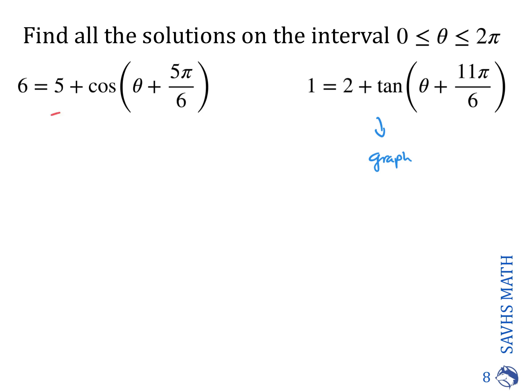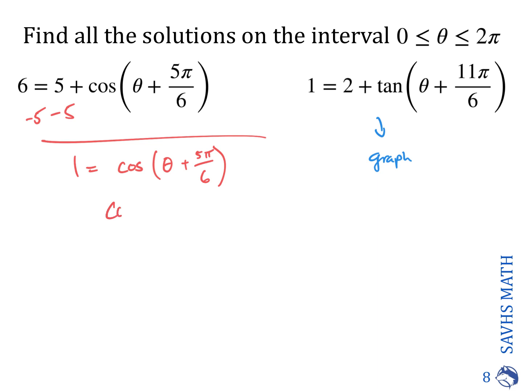So we're going to subtract 5 from both sides, and we get 1 equals the cosine of theta plus 5 pi over 6. So let's see. Where are the places on the unit circle where the cosine is 1? Well, there's really only one place.